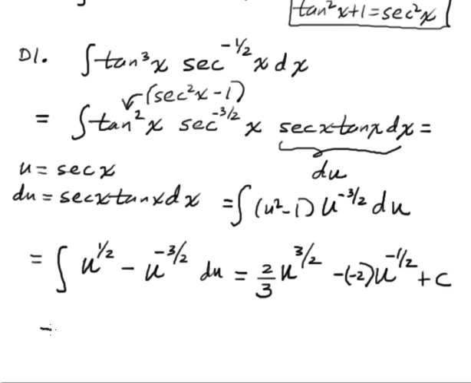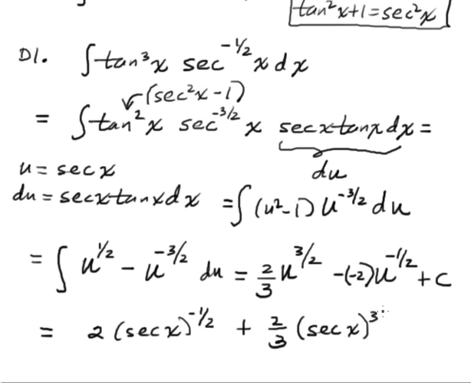Now substitute back u equal to secant x. So we have minus 2 secant x to the minus 1/2, that's this, plus 2/3 secant x to the 3/2. And that's our solution.